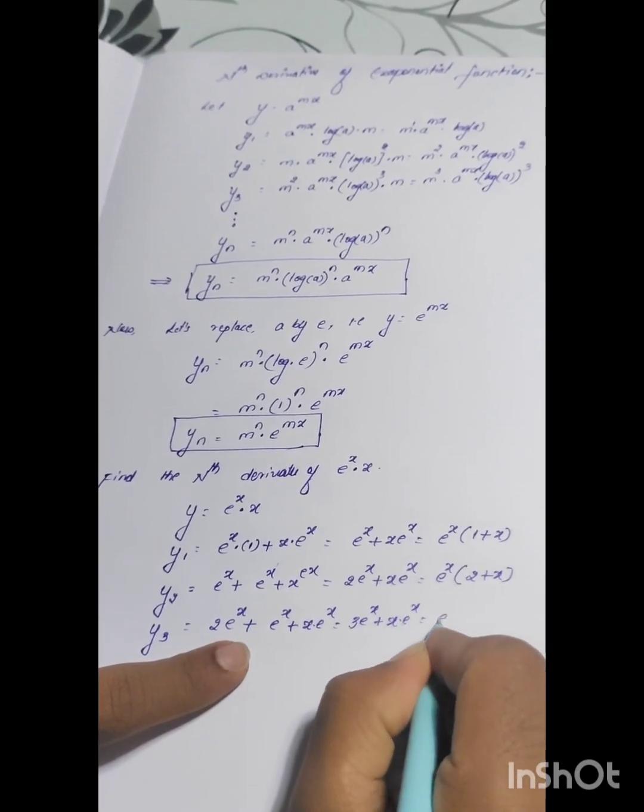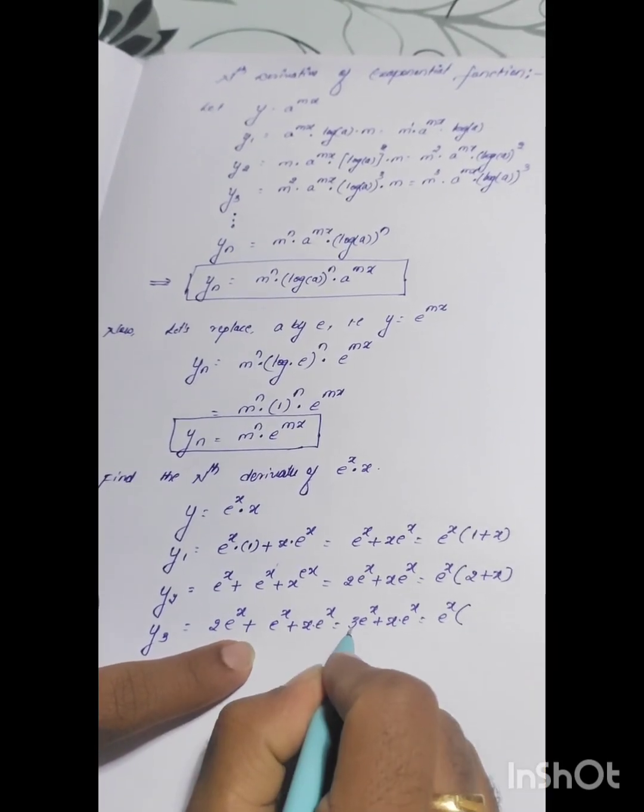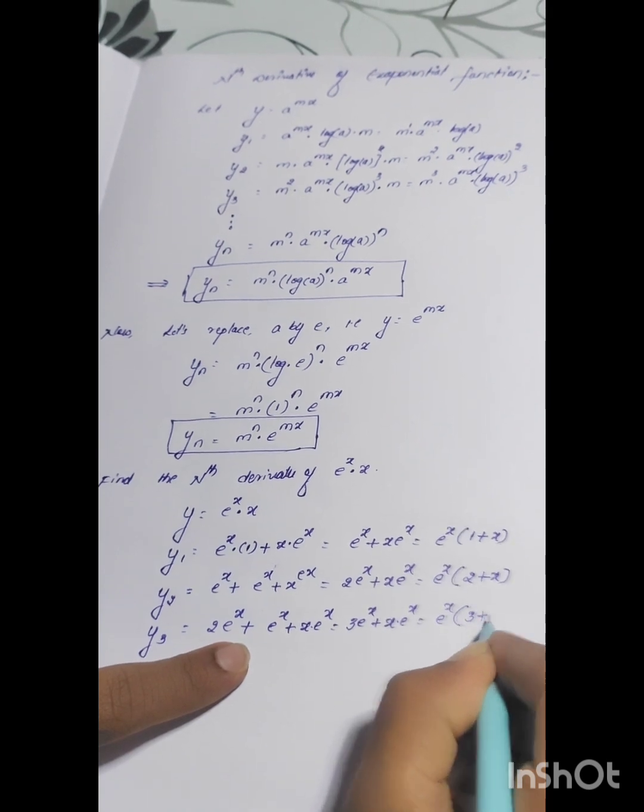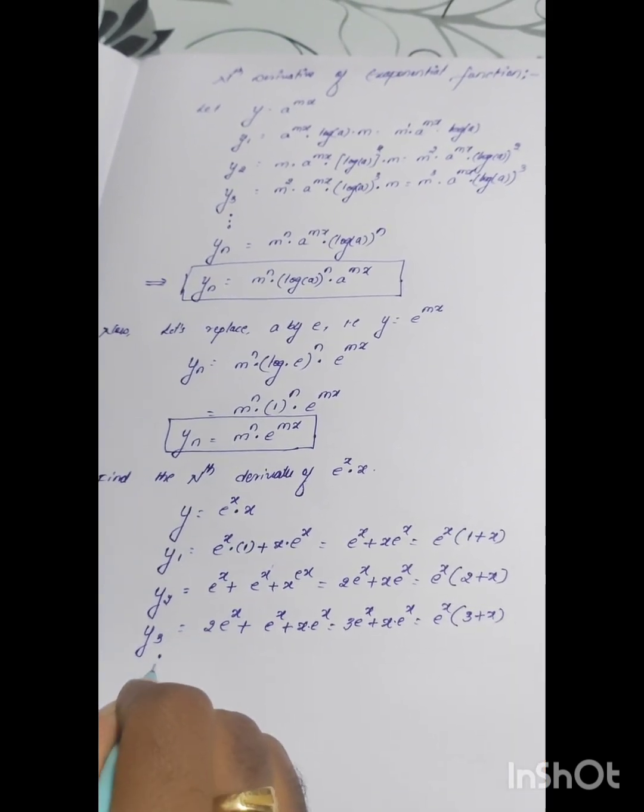So let me take the e power x outside, so what will remain here is 3 plus x, and so on.